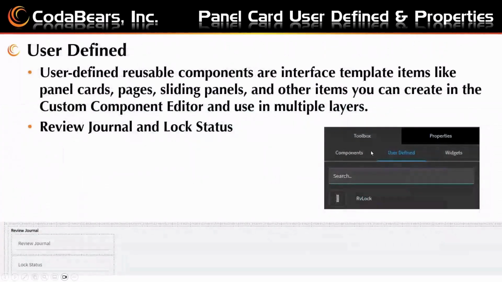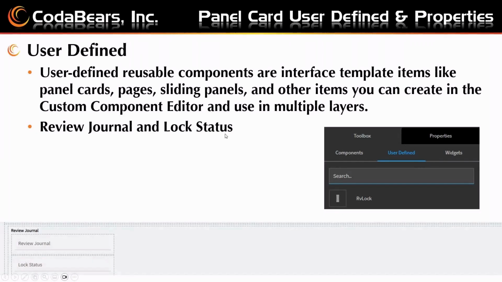The other important thing here is your user defined component. User defined components are nothing but something that you can reuse. Let's say you put a couple of things together and you can reuse that on any of your pages. The default one that Epicor has given us for the user defined components is your RV log, which is nothing but your review journal and log status.